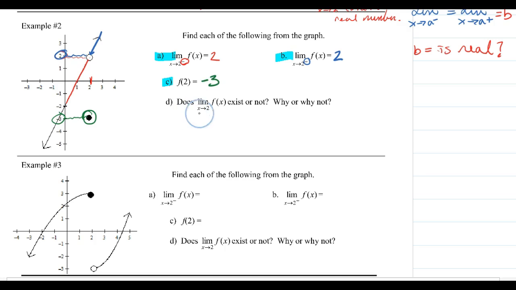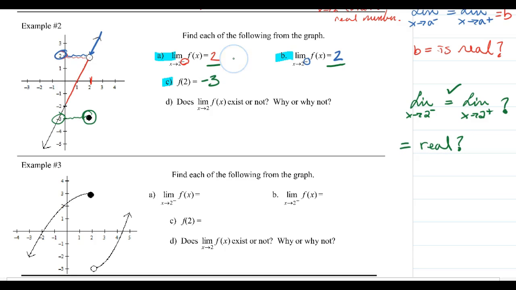Now, does my two-sided limit as x approaches 2 exist? Well, let's check the steps. Does my left limit equal my right limit? Does 2 equal 2? Yes, I have passed that step of my limit existence theorem. The second part is, do they equal a real number?